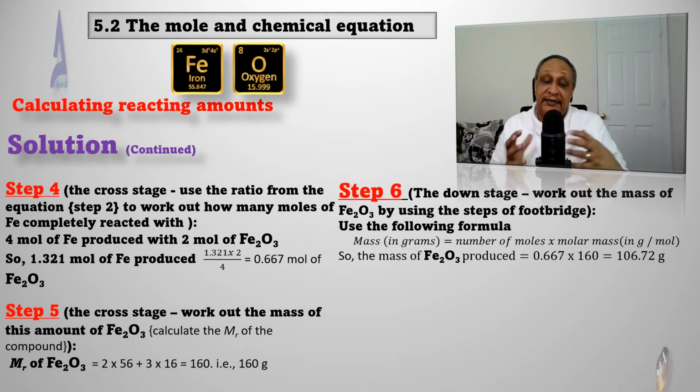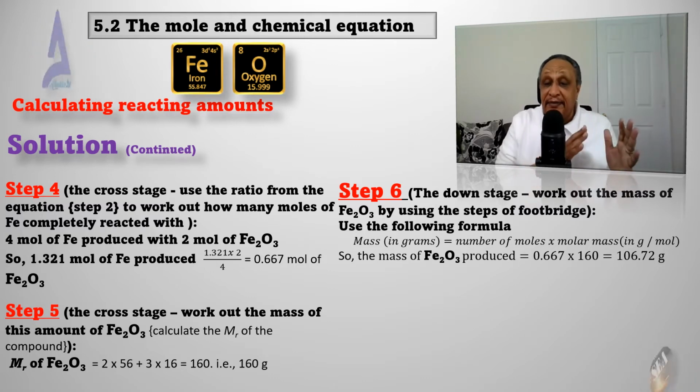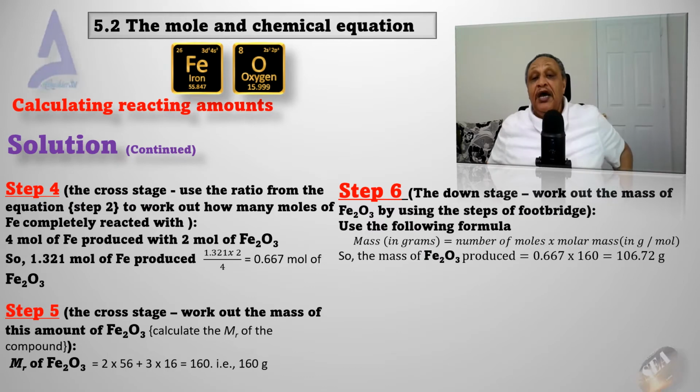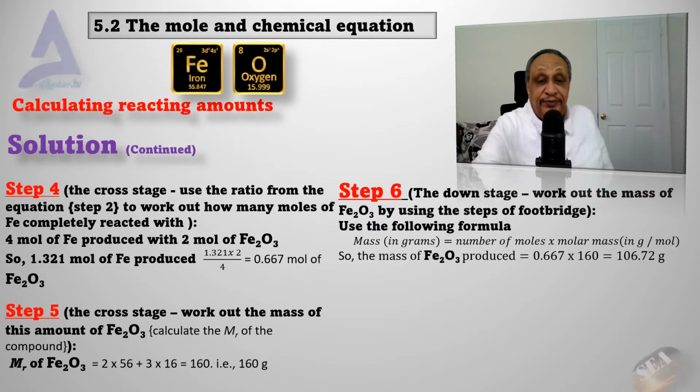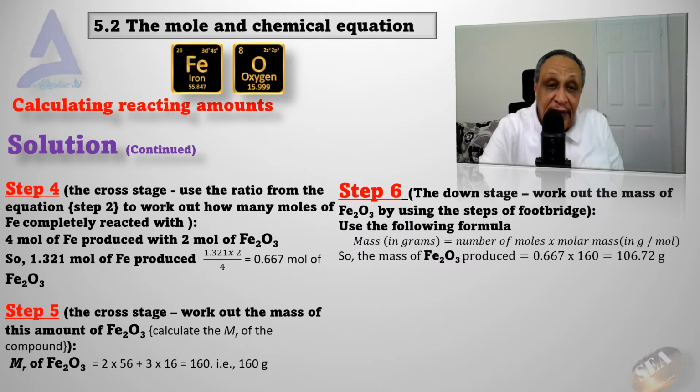We are going to see the second part, the second portion of the problem. Now, step 4, we are going to deal with the ferrous oxide produced. For 2 moles, how many is going to be produced?